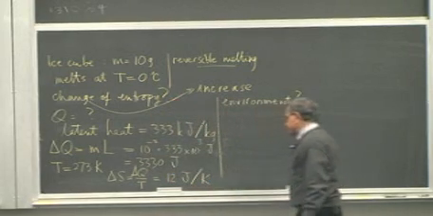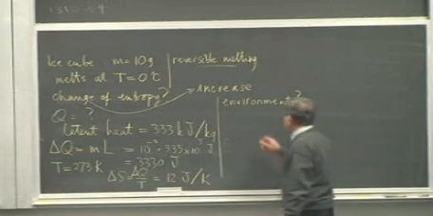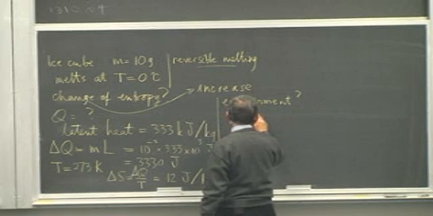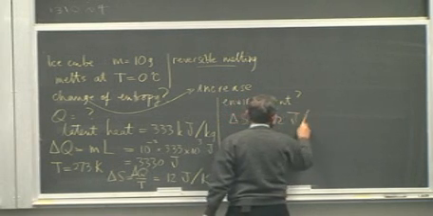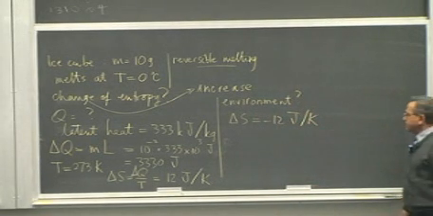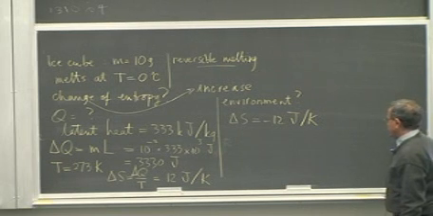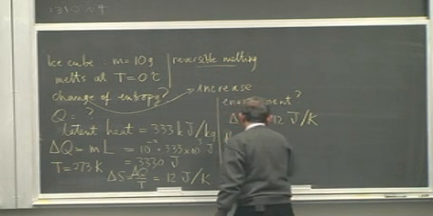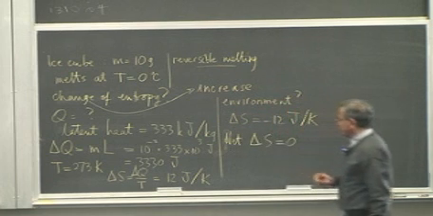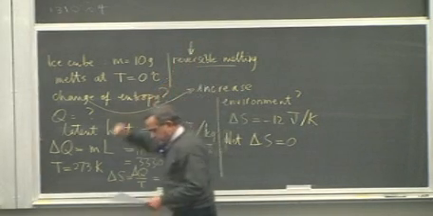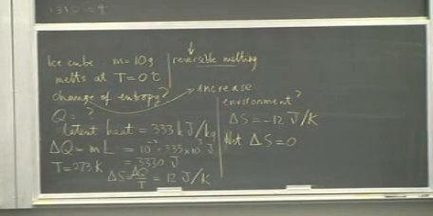The temperature was exactly the same, nearly the same as you said, and therefore environment also gave this heat, minus 12 joules per Kelvin, because it gave heat to the ice cube, and therefore total net delta S was equal to 0. It was 0 because of this condition of reversible melting. Okay?